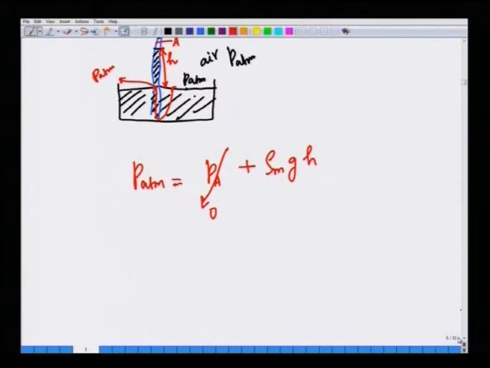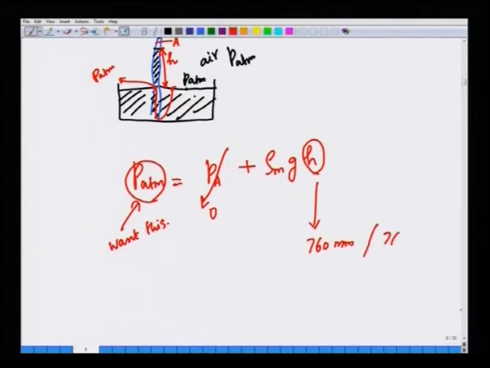So, P atmosphere, which is what we want to calculate, can be obtained by just measuring the height of mercury. Typically this height is 760 mm at normal conditions of temperature and altitude, or 76 centimeters.